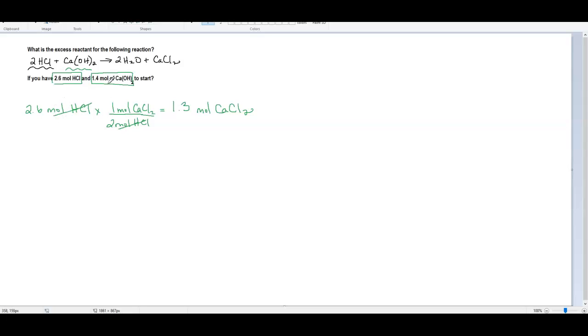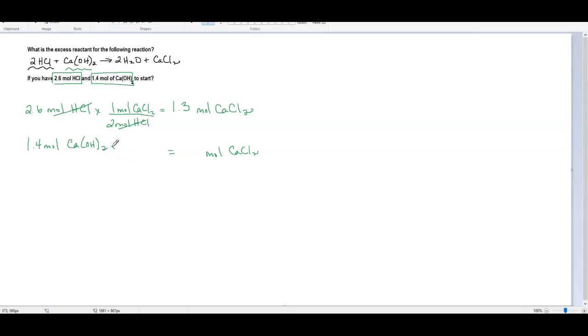My next one I'm going to do is now figure out if I have 1.4 moles of Ca(OH)2. Oops, I did that wrong. That 2 should be outside the brackets. There we go. How many moles of the calcium chloride will that calcium hydroxide make?